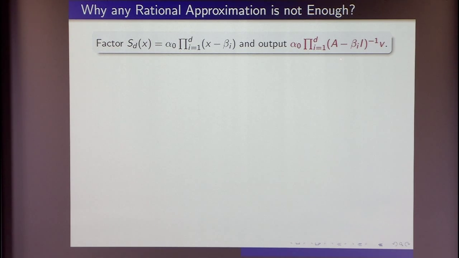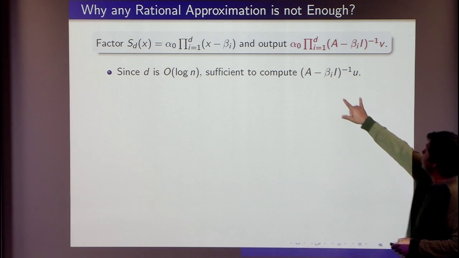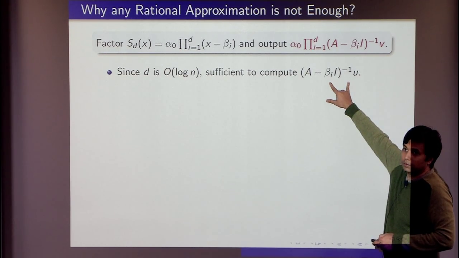And instead of doing the inverse of the whole thing, now you have reduced the problem to inverting these factors and then taking products, right? So factorization helped us simplify the problem. So since our degree is log n, we just need to focus on computing these things.